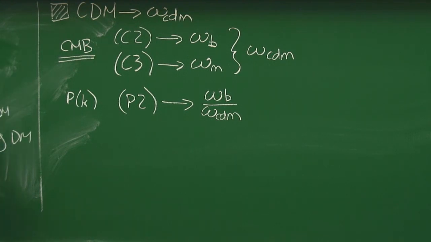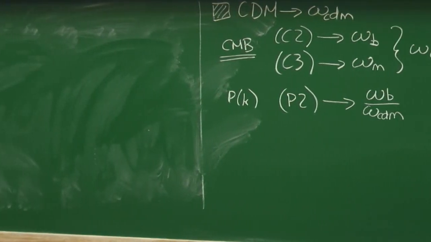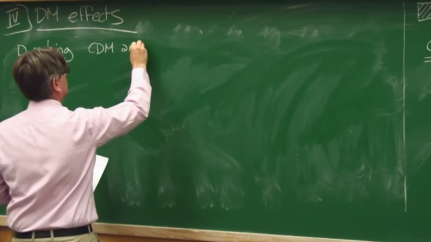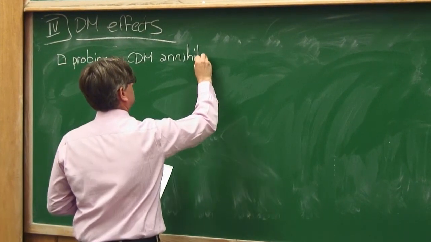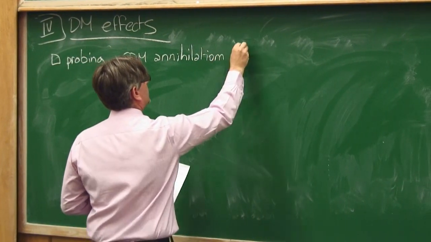It depends very much on the cross-section of cold dark matter. So this is a field which has been investigated rather recently. So, probing CDM annihilation with the CMB.